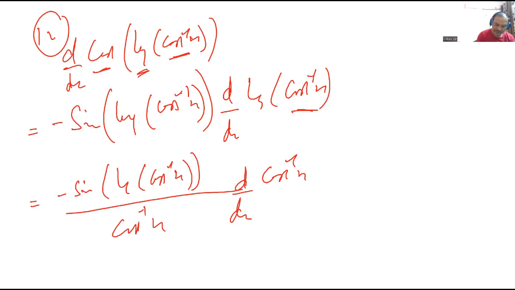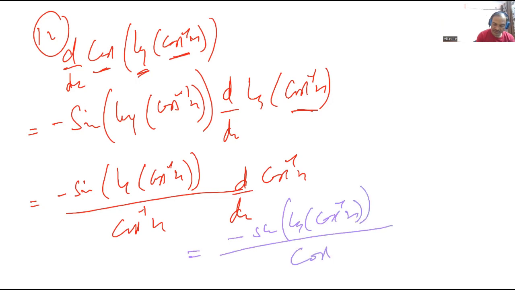Now the answer will be minus sine log arc cos x over arc cos x, and in the multiplication you have minus 1 over under root 1 minus x squared.